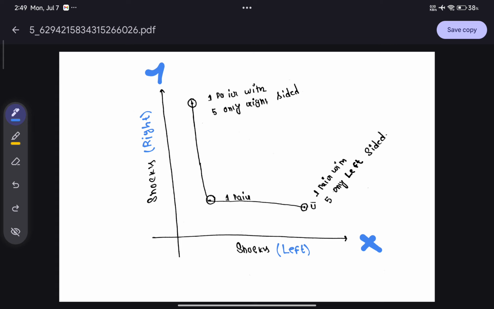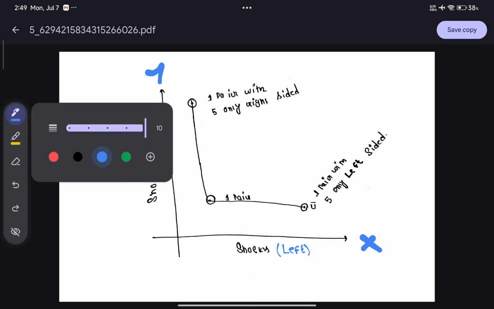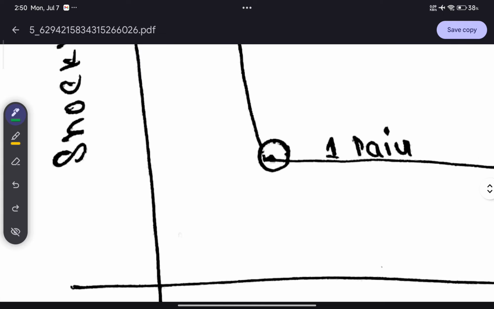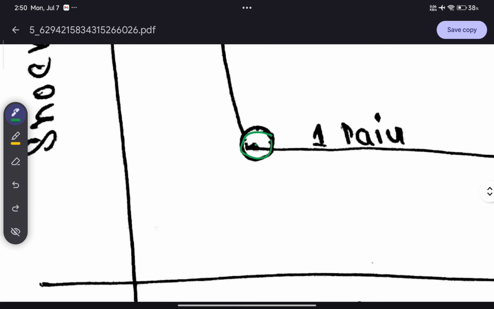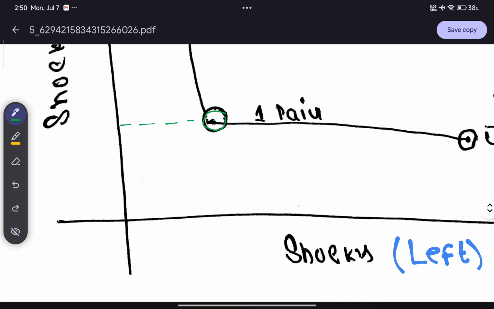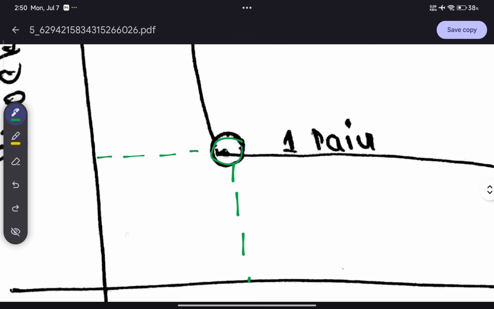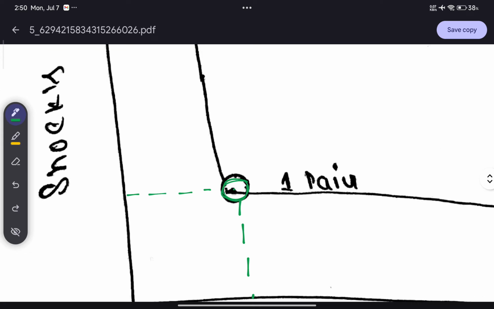Now, whenever we purchase socks, we buy a pair of socks. So we take a point, this point, of having socks. At this point we have one right sock as well as one left sock, and this gives us a utility equivalent to this.